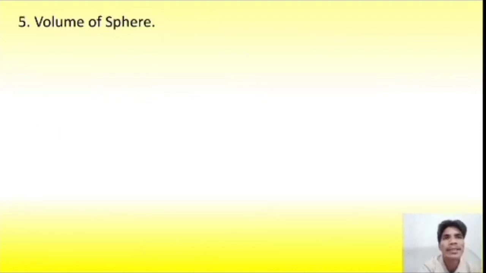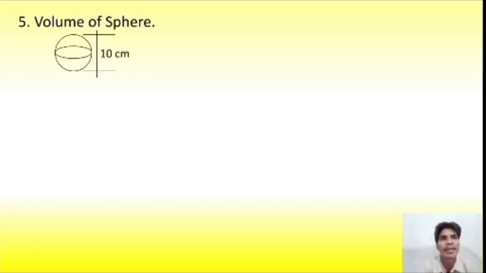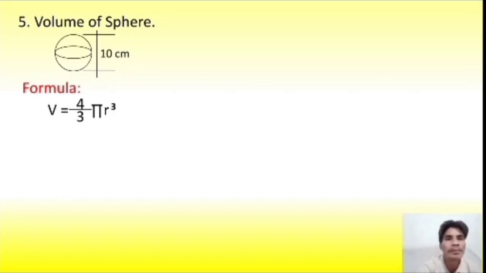So next, volume of a sphere. So example, the diameter of the sphere is 10 cm. The formula is volume equals 4 over 3 times pi r cube.